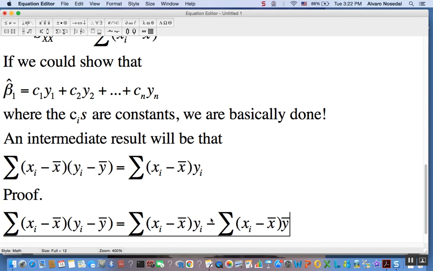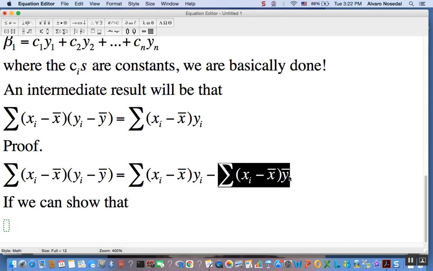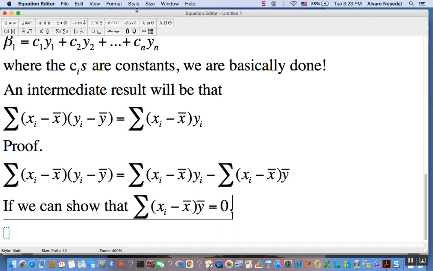So if we could show that this second term here equals 0, we are done.